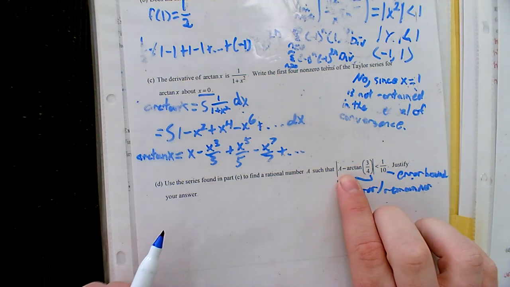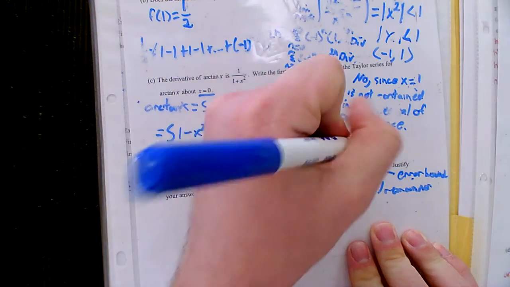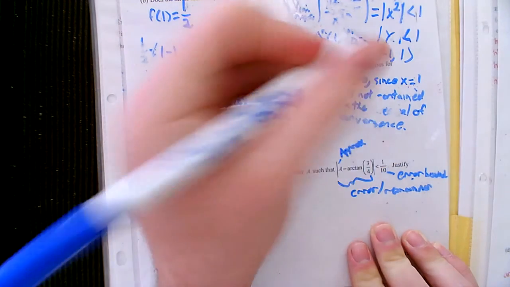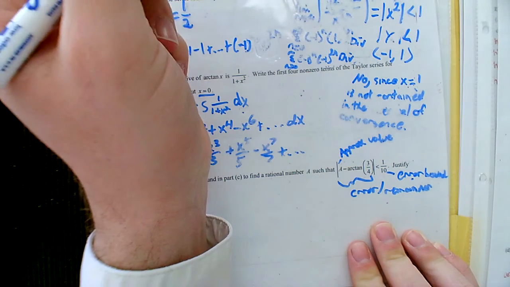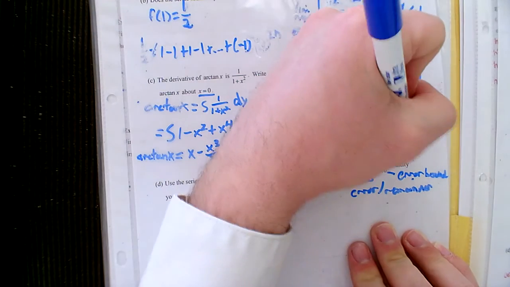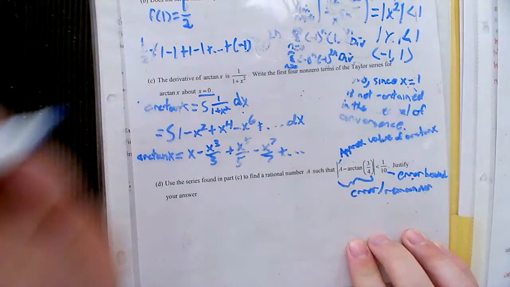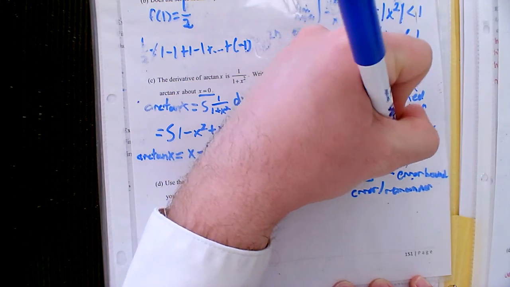When finding the error bound or remainder, this A value that we're finding is the approximate value, in this specific problem the approximate value of arctan. And this value here would be the actual.